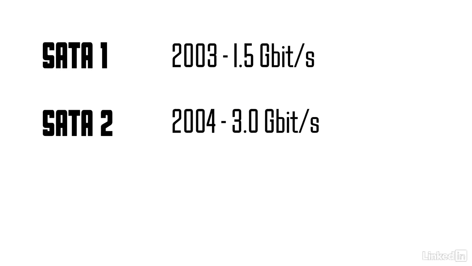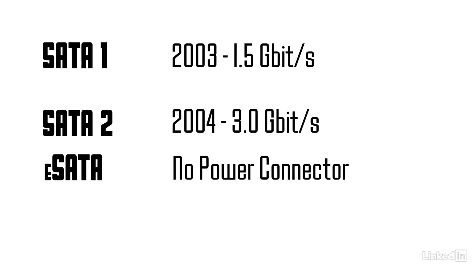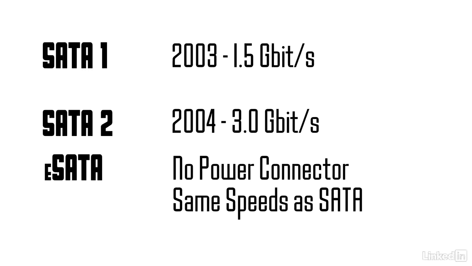2004 was an interesting year for SATA in that eSATA first came out. eSATA, which you've already seen the connector for, has a couple of interesting features. First of all, eSATA in and of itself doesn't provide power. eSATA devices are going to have their own power source. Secondly, eSATA can run at any speed that a regular SATA device can.